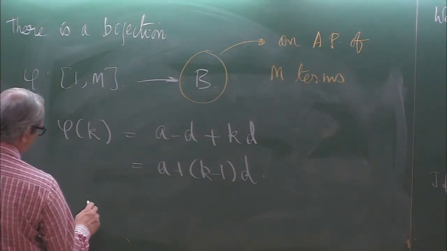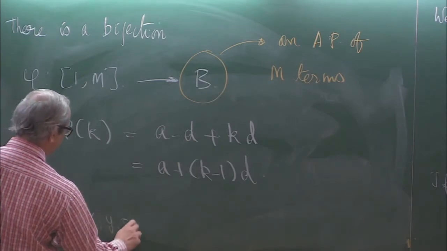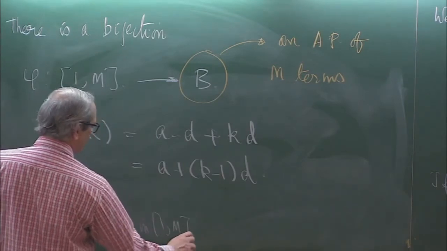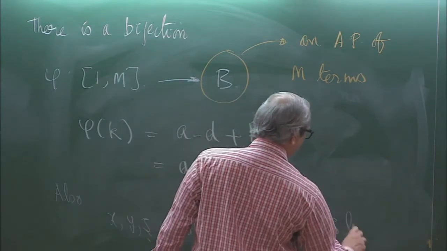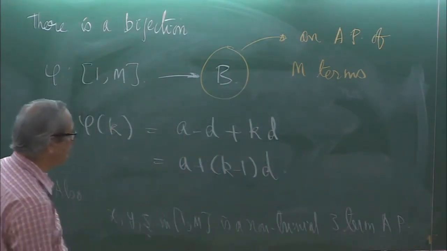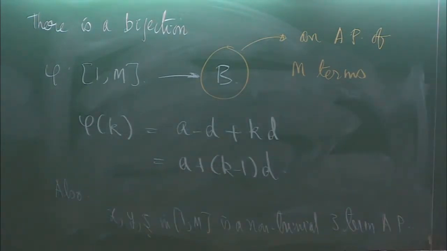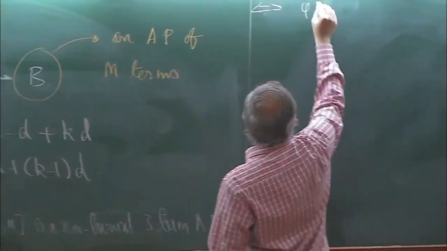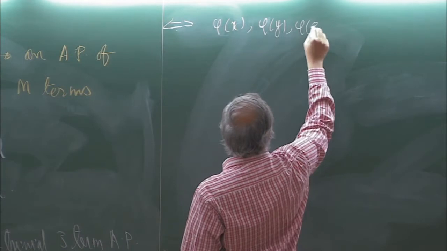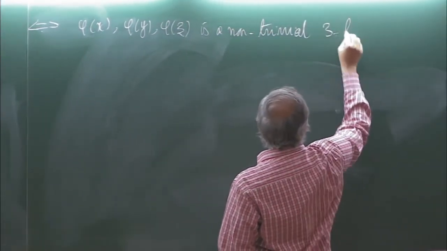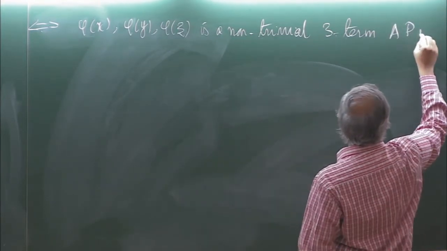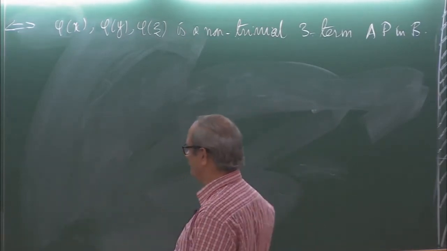phi of x, y, z, with x, y, z in 1 to m, is a non-trivial 3-term AP, is equivalent to phi of x, phi of y, phi of z being a non-trivial 3-term AP in B. That's the equivalent statement.